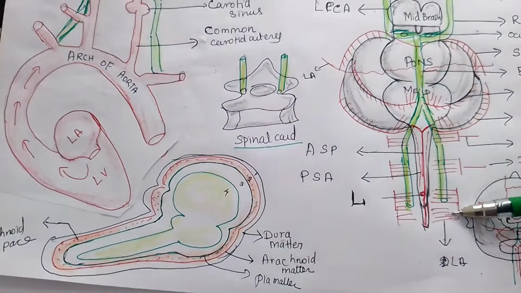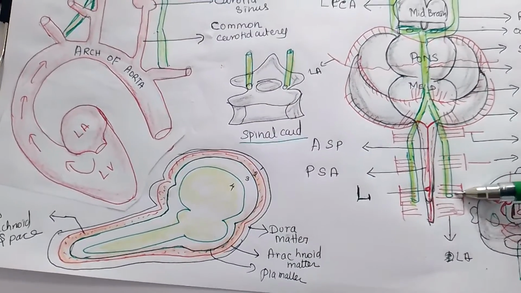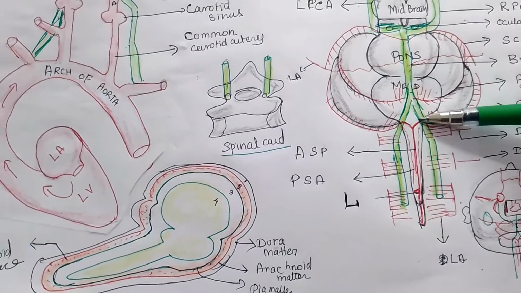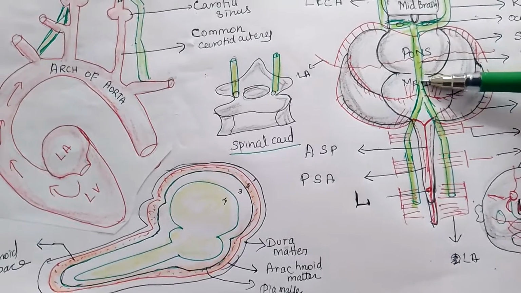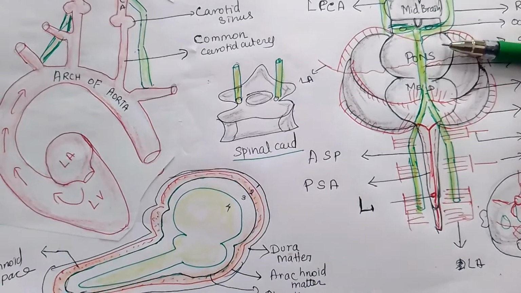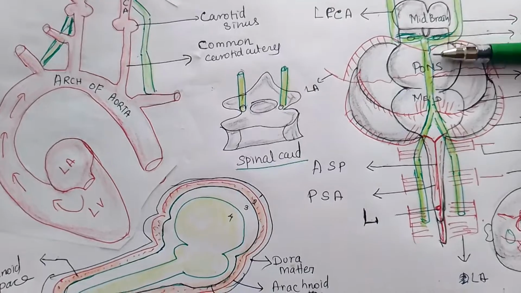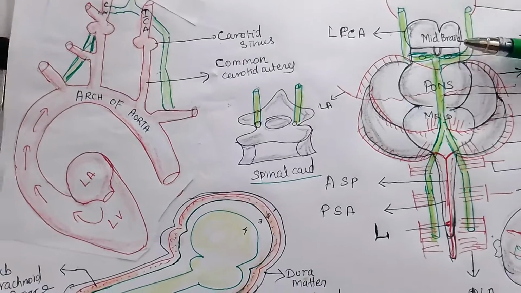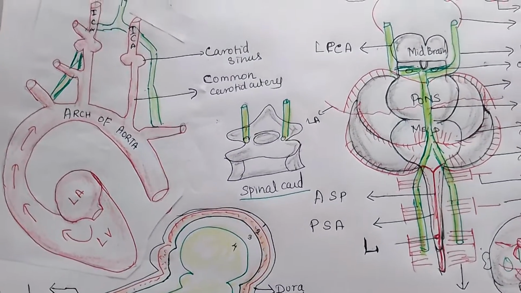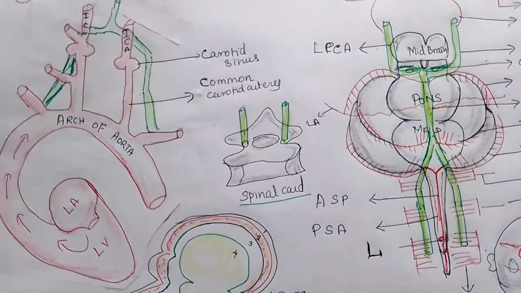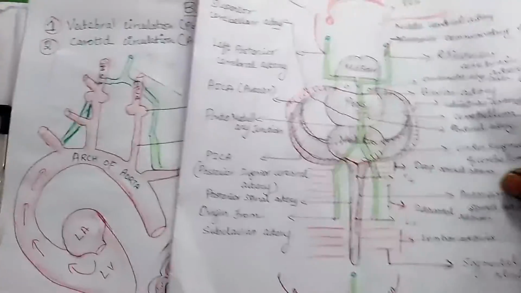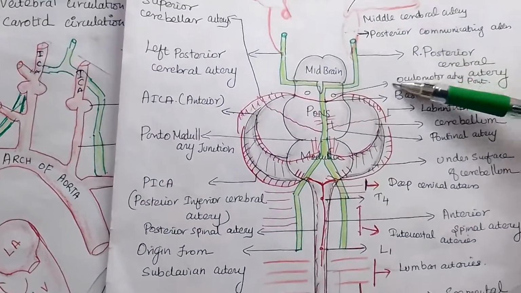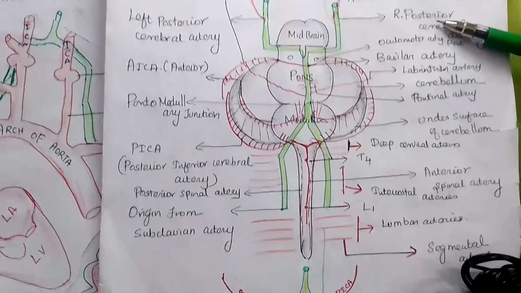So now you might have understood: it takes origin from the subclavian artery, enters the foramen magnum and reaches the subarachnoid space. At the pontomedullary junction they unite and divide just under the midbrain, just above the oculomotor nerve, into two branches. I will show you this picture, it will be a little bit clearer. These will be the right and left posterior cerebral arteries.